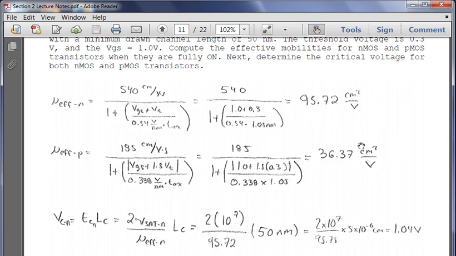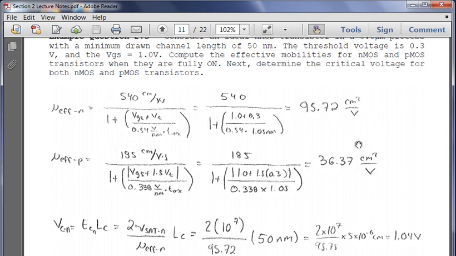The effective mobility of holes is given by this equation as well. 185 centimeters squared over volt-second divided by the quantity 1 plus the absolute value of the gate source voltage plus 1.5 times the threshold voltage, over 0.338 volts per nanometer times the thickness of the oxide.